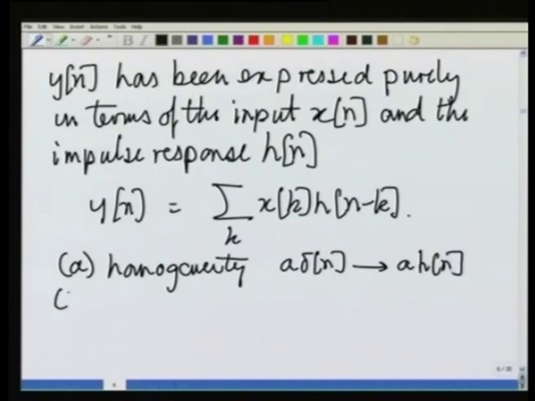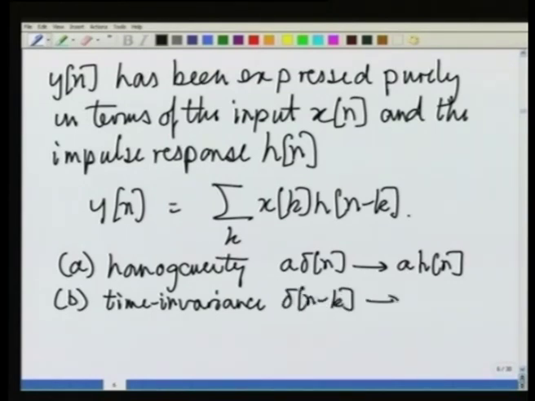We have used time invariance, the property by which δ[n minus k] must give us h[n minus k], and finally, at the outermost level, we have used additivity.